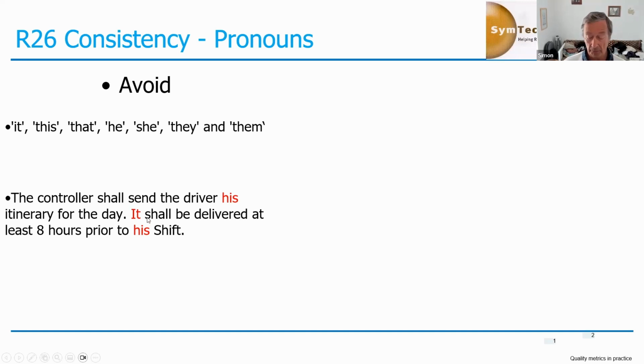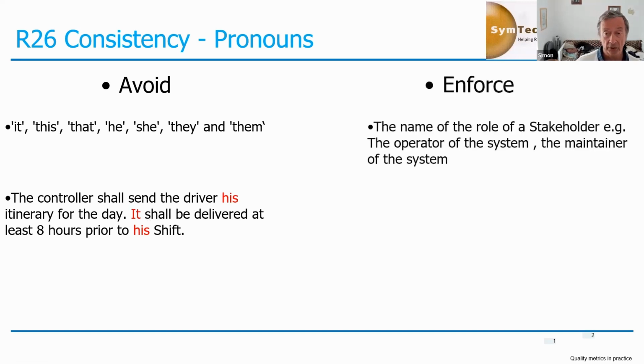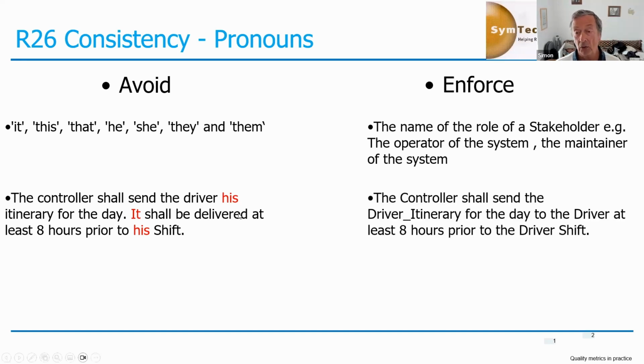These pronouns are not particularly good at being clear and consistent. So we need to actually use the name of the stakeholder. So we can check that we've got stakeholders. If there are stakeholders present in our requirement statement, we can check that they exist. So the controller shall send the itinerary for the day to the driver at least 8 hours before the driver's shift, not his shift, the driver's shift.